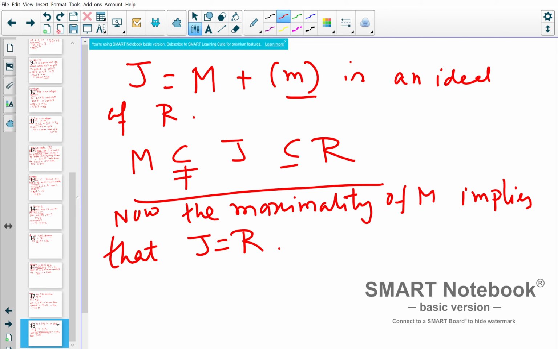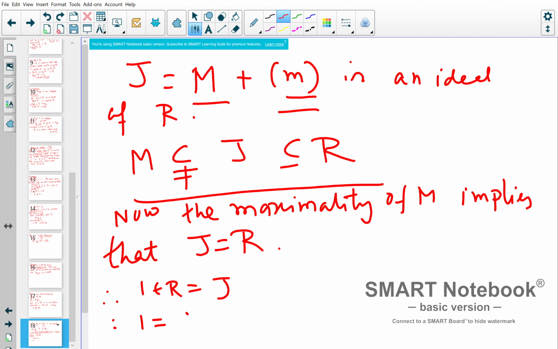Okay. So from the maximality, that means 1 is an element of R, which is an element of J also. So what does that mean? That means you can write 1 in terms of something from here and something from here, right?